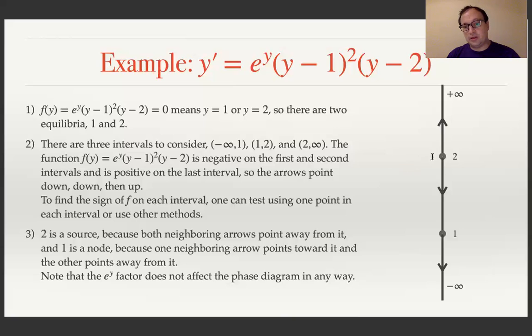So there's the arrow that goes from 2 to 1, and there's the arrow that goes from 2 to infinity. So this means it's a source or an unstable equilibrium.